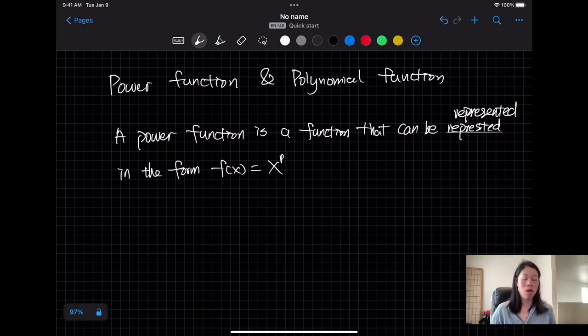So what is the most common power function you've seen?